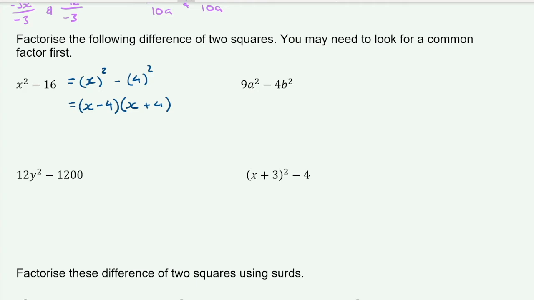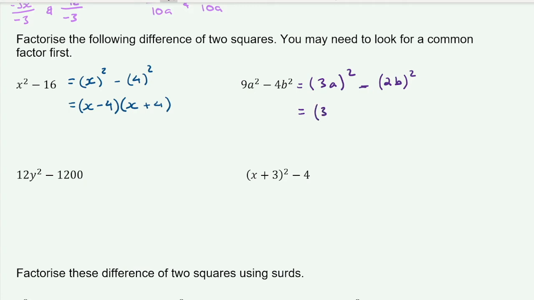For our next one, let's reduce it out of the squared bits. So I'm going to have, well, what's the square root of 9? The square root of 9 is 3. And then we have a, and then we square that whole thing. Minus, what, the square root of 4? Well, that's 2. And then we have b, and that whole thing. And again, we've got that negative in the middle because it's the difference.